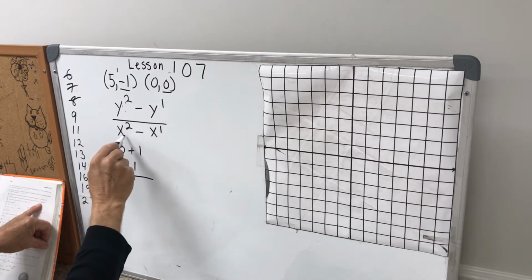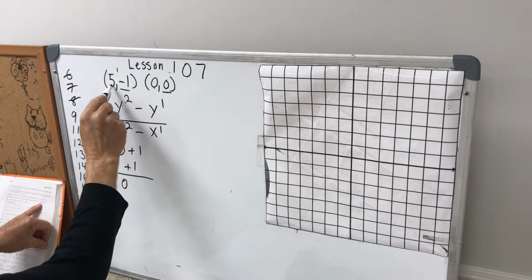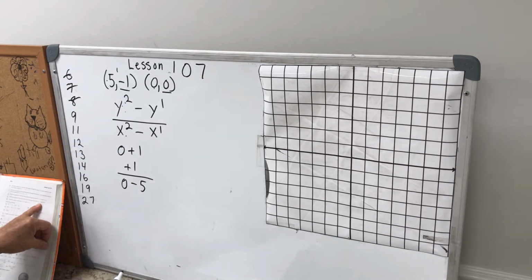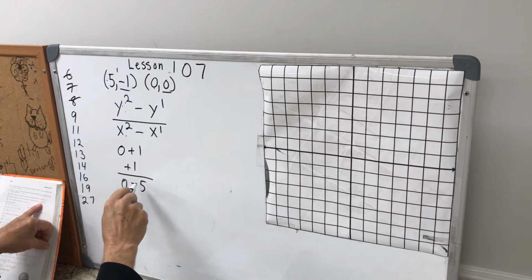Then go down into the bottom. x2, here's your x, and negative 5. 0 minus 5 is, this is 1 over negative 5.